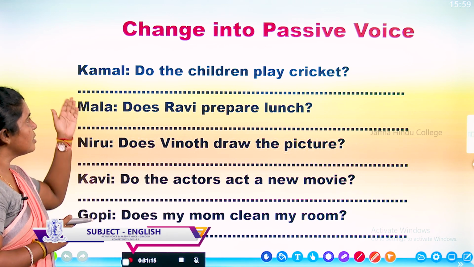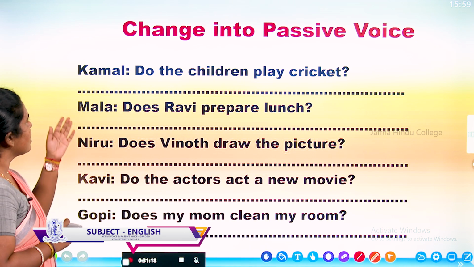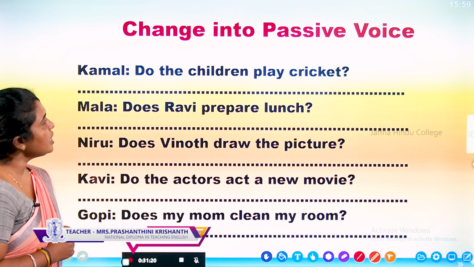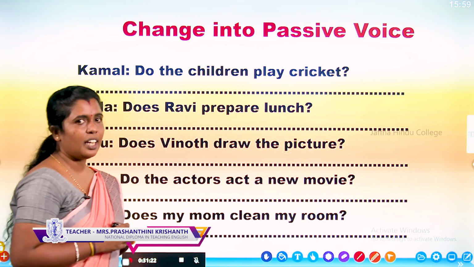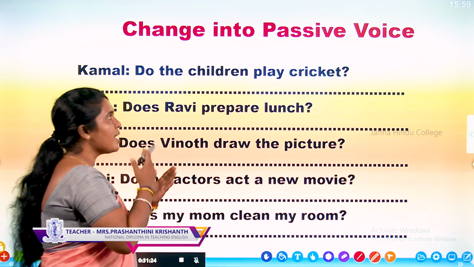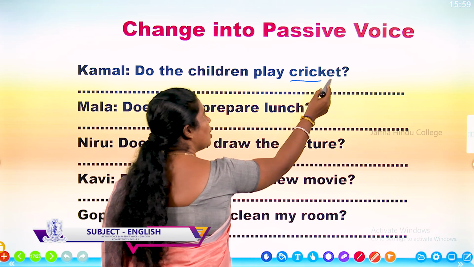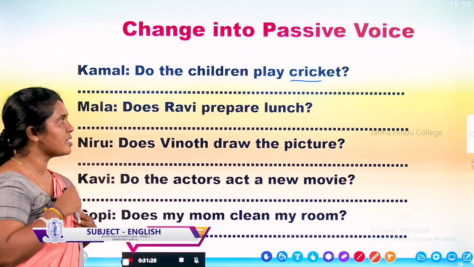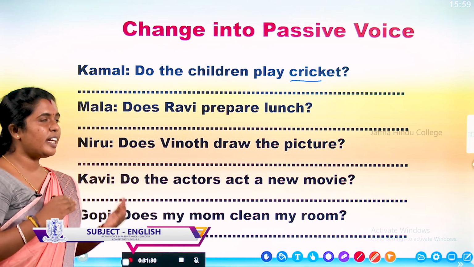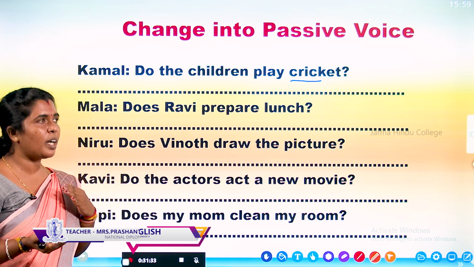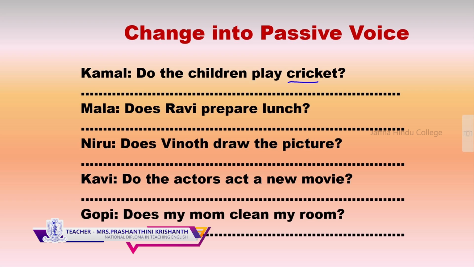So this is a conversation model. Let's see. Kamal: Do the children play cricket? Okay. Now as usual we have to take the object first. Cricket is the object here. So is or are, what is the suitable one here? Is. Is cricket, past participle form of the verb.